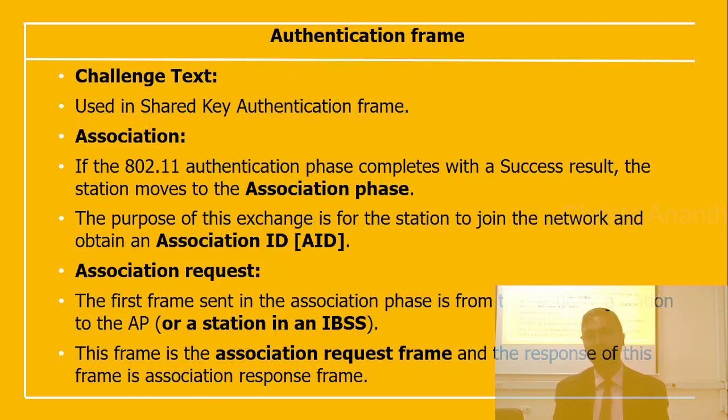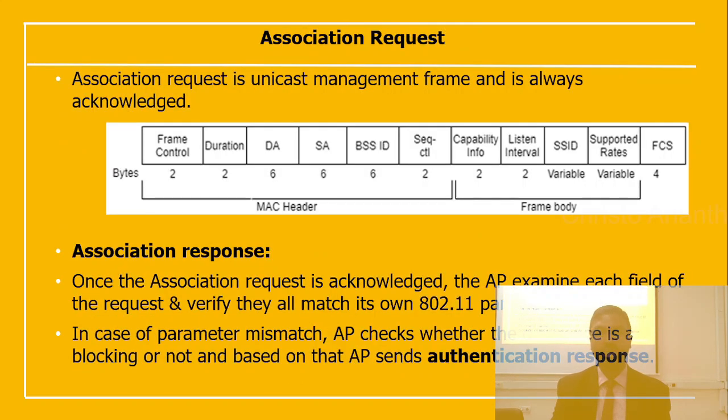The first frame sent in the association phase is from the requesting station to the access point, or to the station in the independent basic service set. This frame is the association request frame, and the response is the association response frame. The association request is a unique management frame and it is always acknowledged.